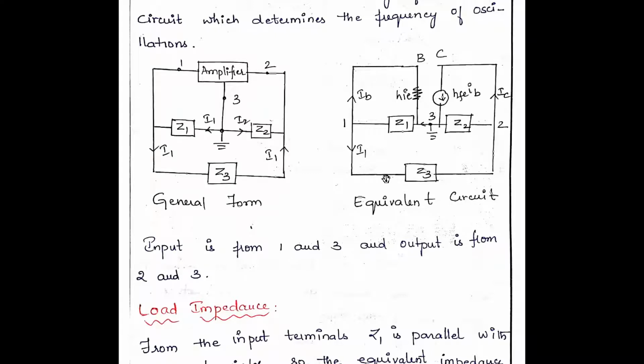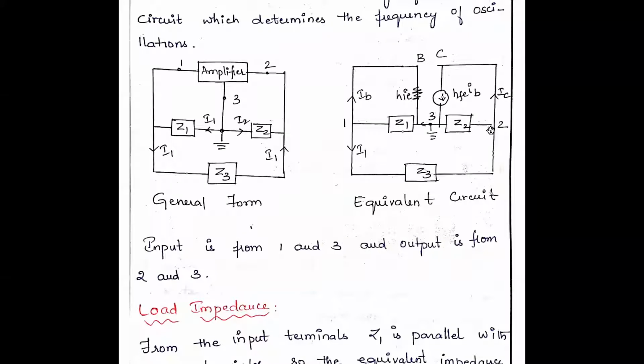Very good, correct answer. So the voltage between 1 and 3 is HIE into IB. And the voltage between 2 and 3 is minus HFE IB into ZL.